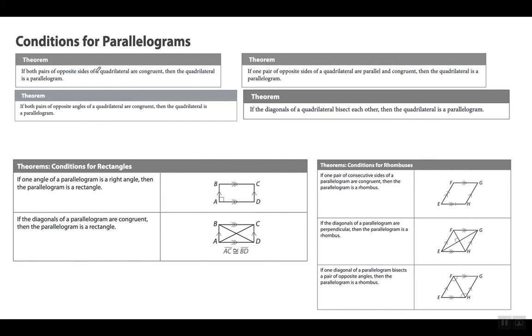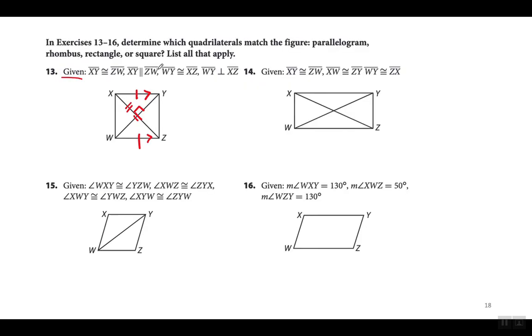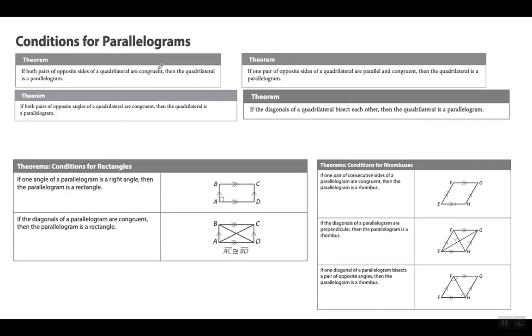All right, so the conditions for a parallelogram are if both pairs of opposite sides are congruent. That's not the case. At least we don't know. Right here it says one of the possible conditions is if one pair of opposite sides of a quadrilateral are parallel and congruent.